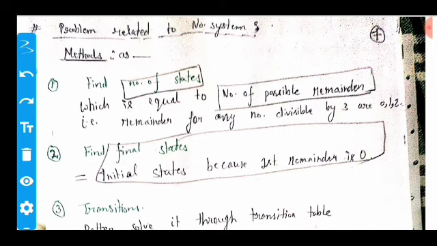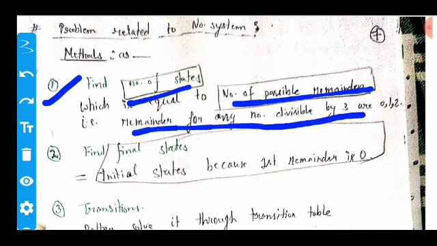Some important points here for problems related to the number system. The first one is to find the number of states, which is equal to the number of possible remainders. The remainders for n divisible by 3 are 0, 1, 2, so the number of states will be 3. Then find the final state.